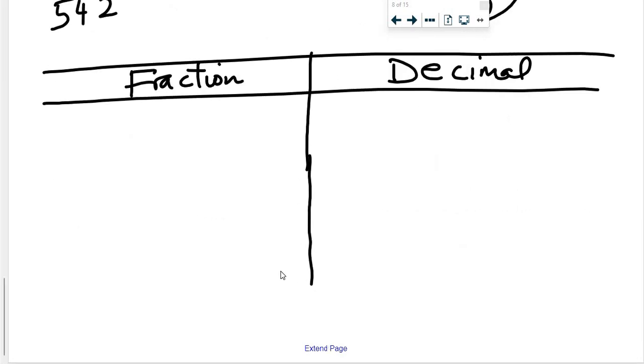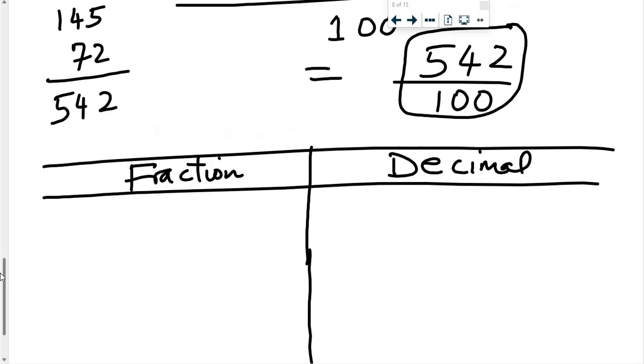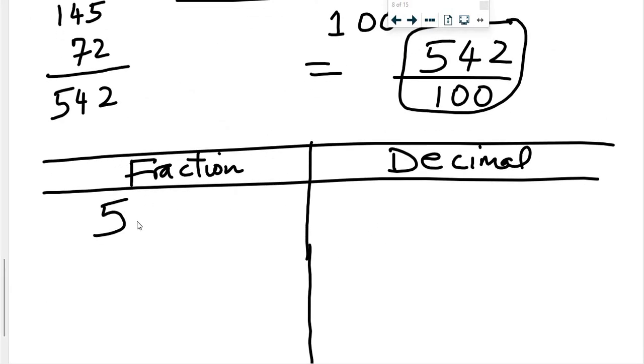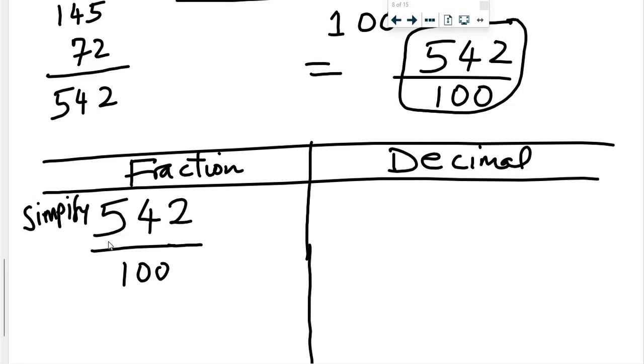Now, for the case of fraction, we have 542 upon 100, which is already a fraction. What is missing is to simplify this fraction. Meaning, this number here is divisible by 2. Also, this number is divisible by 2.